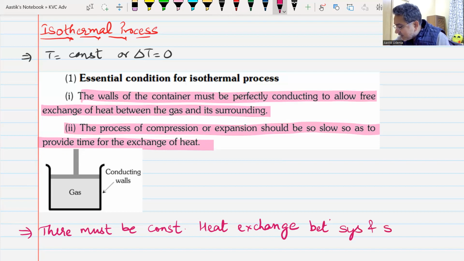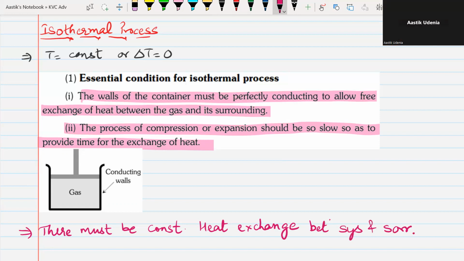To facilitate that, the walls of the container should be perfectly conducting and the process should take place very slowly so that enough time is available for heat to get in or move out.